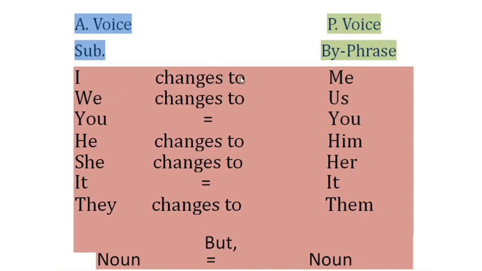I changes to me, we changes to us, you remains the same. He changes to him, she changes to her. It remains the same, that means it is it in the by phrase, as in the subject position of active voice.